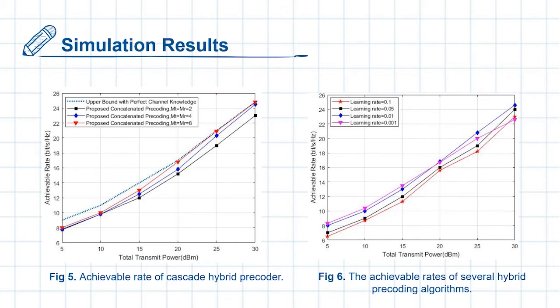It can be seen from the figure that, in all the schemes, the achievable rate increases as the total transmit power increases. In addition, the performance of the cascaded hybrid precoding scheme is better than that of the auto precoder. When the total transmit power increases, the performance gap becomes larger and larger.